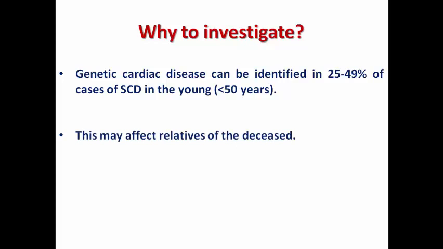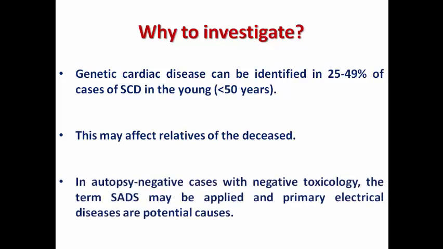If it is a genetic disease, it may be affecting the relatives of the deceased person. In autopsy-negative cases with negative toxicology, the term sudden arrhythmic death syndrome may be applied, as here primary electrical disease may be a potential cause. So we need to know what is the reason for the sudden death to investigate the other family members.